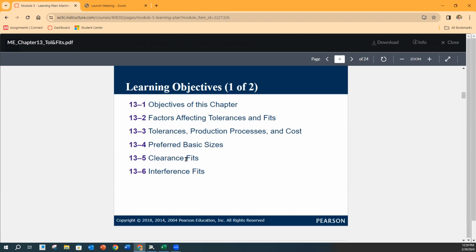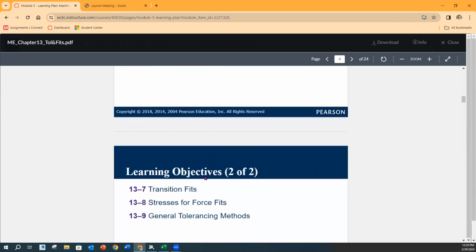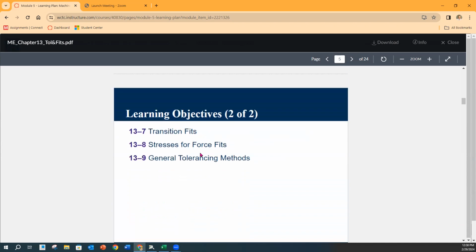We're going to review clearance fits, interference fits, transitional fits, and also locational fits. They're not listed here. And then probably the bulk of what we're going to be doing is looking at, when we have those force fits, what are the stresses that are going to be induced in the parts, and making sure that they don't exceed those yield points of the materials. And then at the very end here, there's a little section on general tolerancing methods.